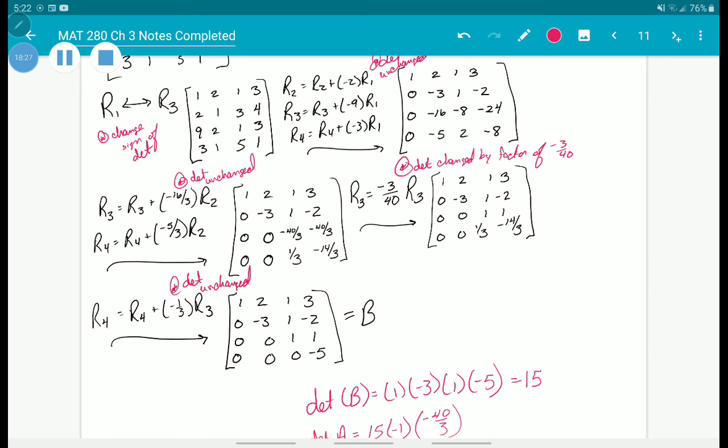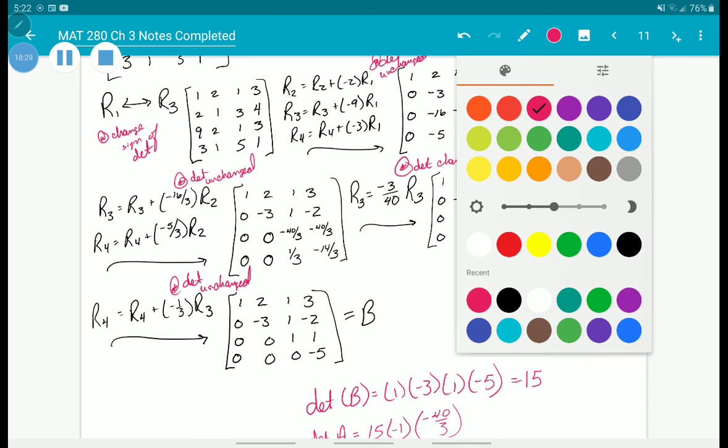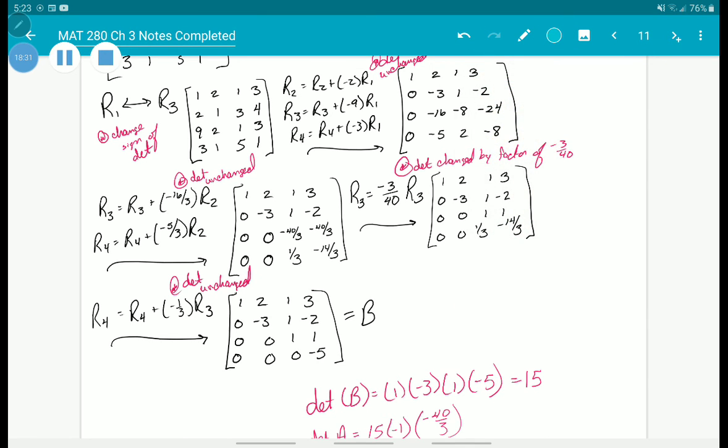So there's only two things that change the determinant in this particular case based on the way we did it. There are a lot of different ways to do this. If you approach it a different way, your determinant may change in a different way, but your final answer should be the same. So this, interchanging those two rows, changed the determinant, and then this, multiplying a row by a non-zero number, changed the determinant.